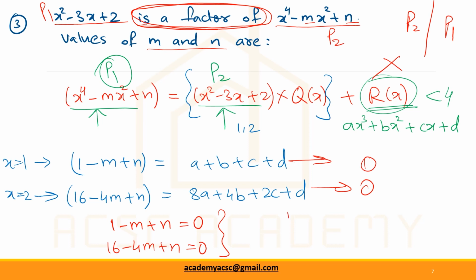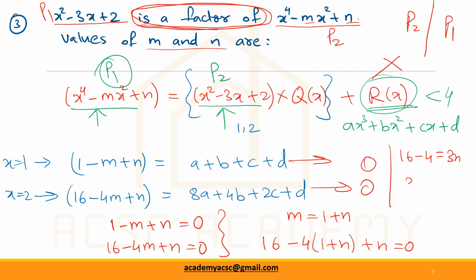We can substitute m equal to 1 plus n, that will give 16 minus 4 times (1 plus n) equal to 0, 16 minus 4 minus 4n equal to 0, so we get 4n equal to 12, n equal to 3, m equal to 4. This is how this problem was to be done.